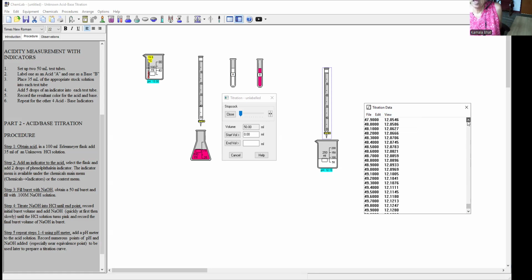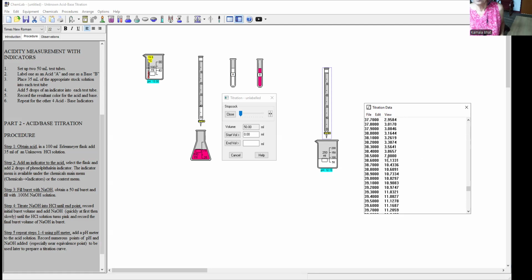And also by looking at this graph data, you can find out the exact neutralization point, because see, the exact neutralization point is 38.5, where the pH is 7. And after that, you will see that between 38.4 and 38.6, there is a sharp jump.